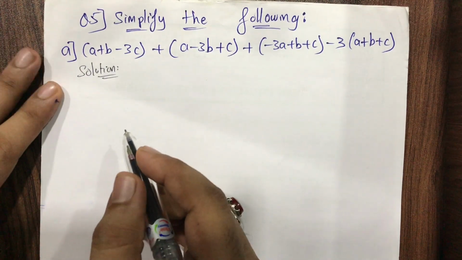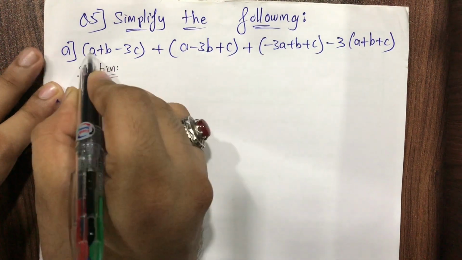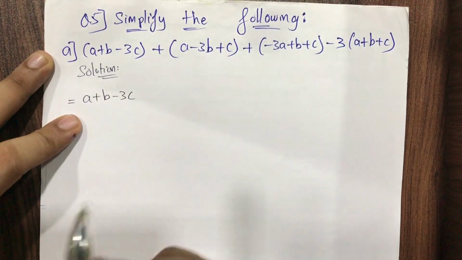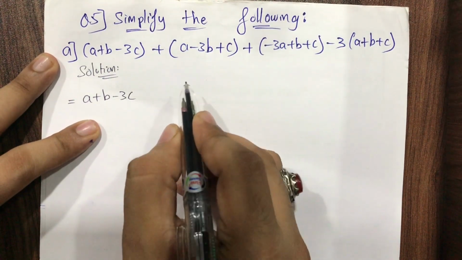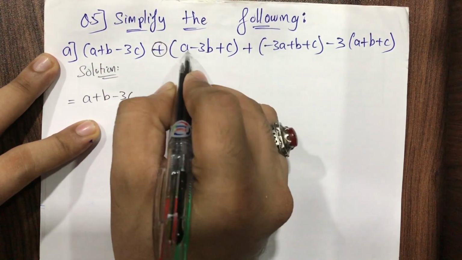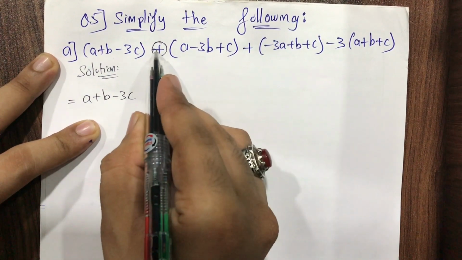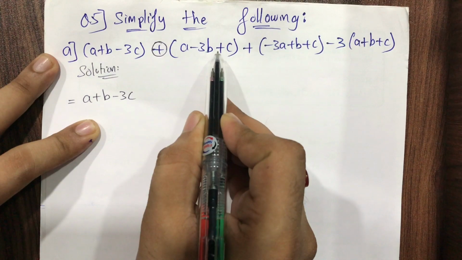Let's start very quickly. I just have to open up the brackets. Solution. I'll just copy this as it is: A plus B minus 3C. Next, students, we know this concept. Please pay attention, because the sign outside the bracket is plus. That means there will be no change in the expression that follows that sign.